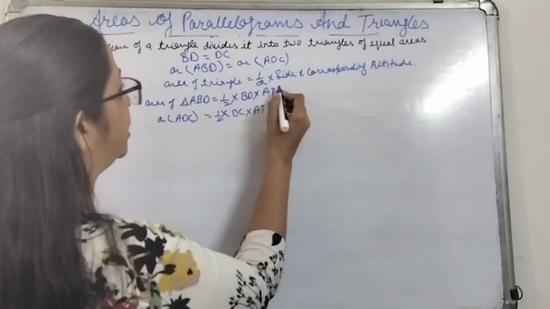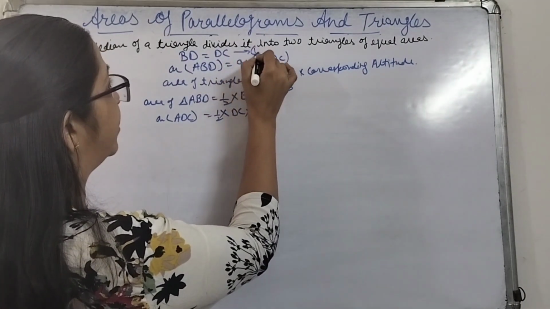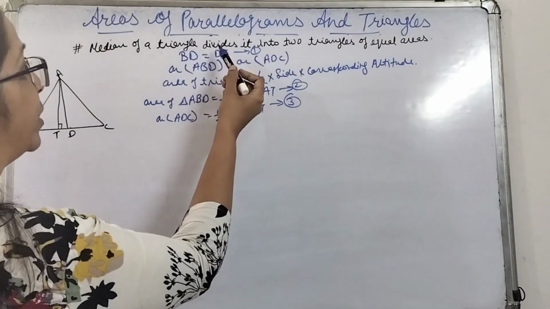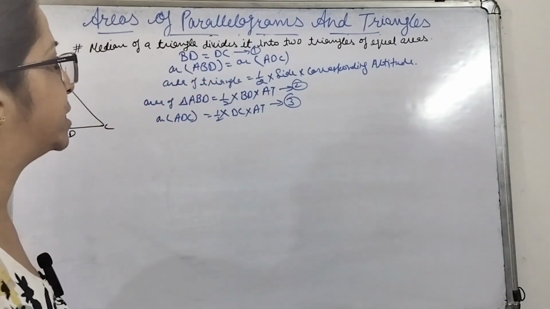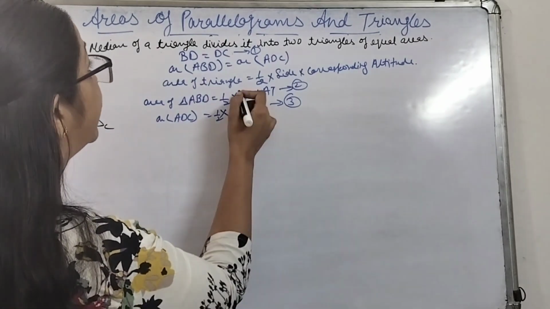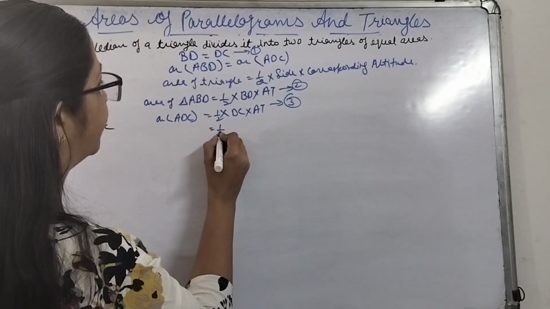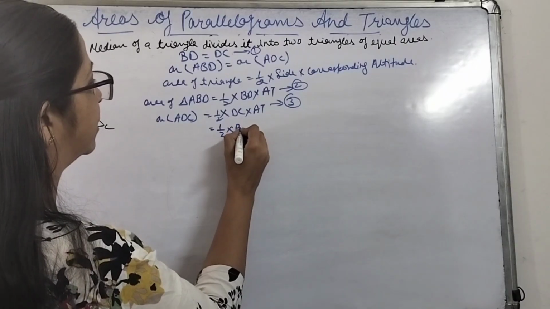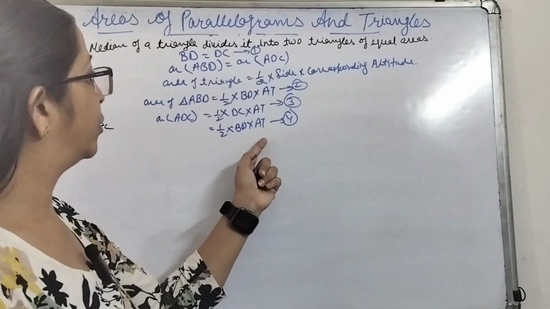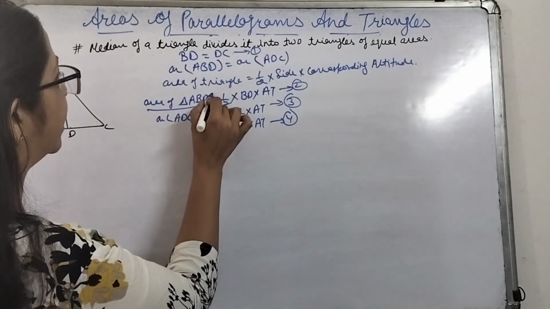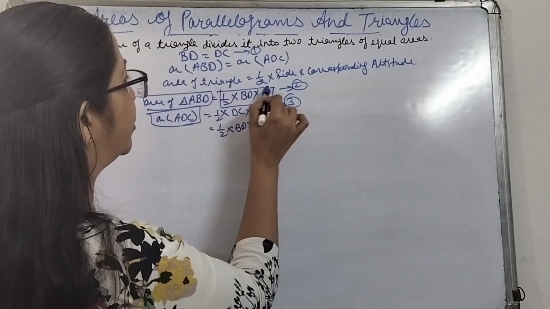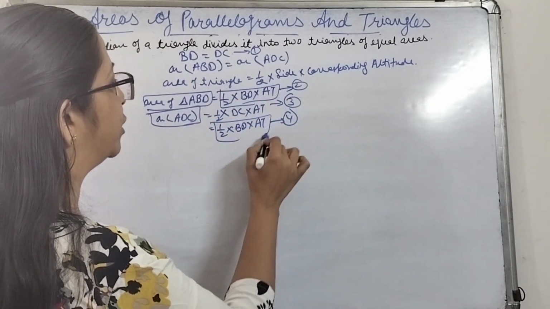Now, this is equation number 2 and this is equation number 3. From equation number 1, BD is equivalent to DC, so we can replace DC by BD. From equation number 2 and equation number 4, area of triangle ABD is equivalent to area of triangle ADC, because it is also 1/2 into BD into AT and it is also 1/2 into BD into AT.